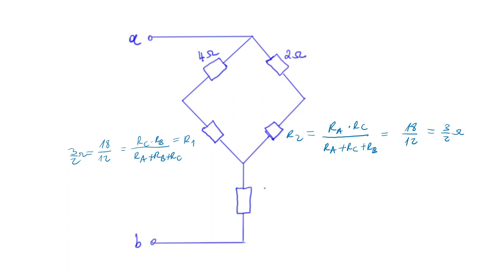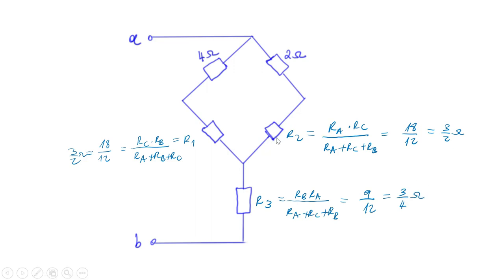And then we had this resistance here, which we called R3, which is nothing but RB multiplied by RA over the sum of all the resistances. So this is equal to 9 over 12, which is just 3 over 4 ohms.